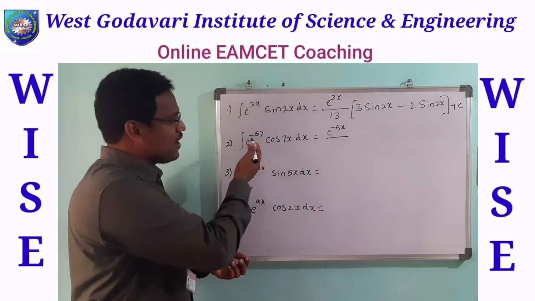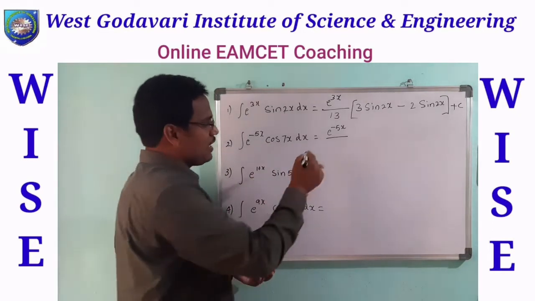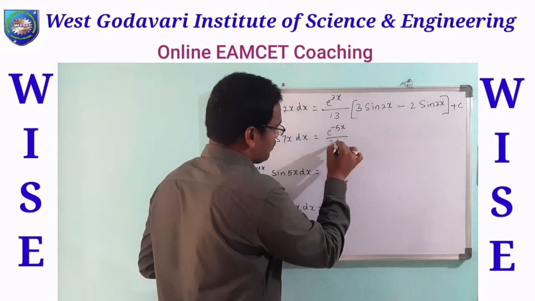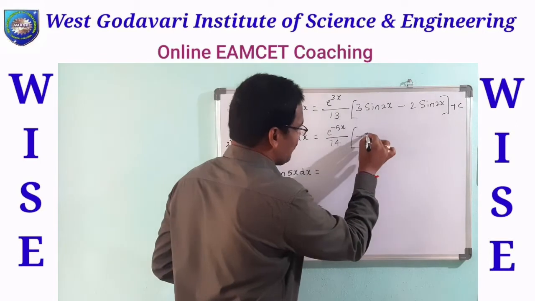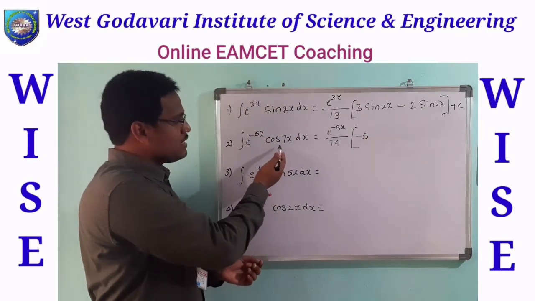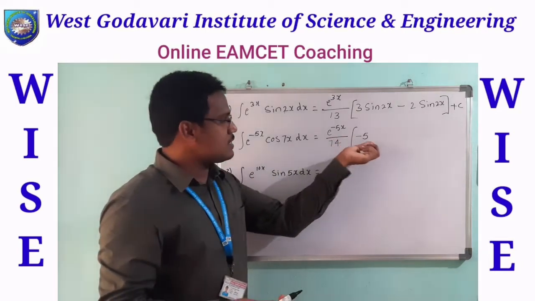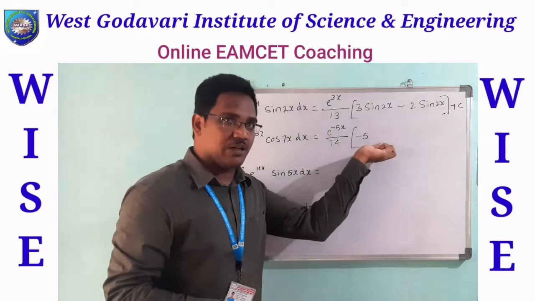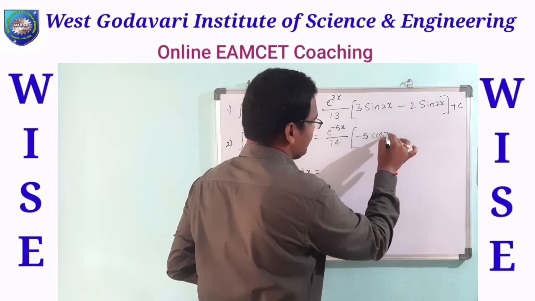Here minus 5 whole square is 25, 7 square is 49, 25 plus 49 is 74, of m into, that means minus 5 into, cos term. Since the cos term is in the integration, the cos term comes first, so cos nx, that is cos 7x.